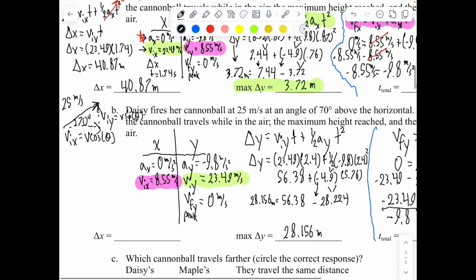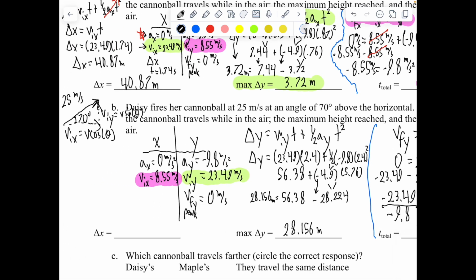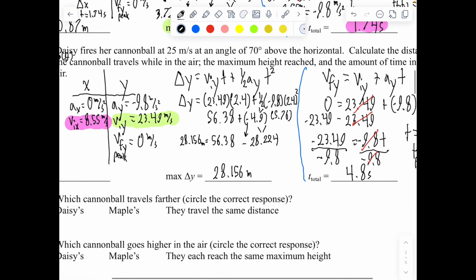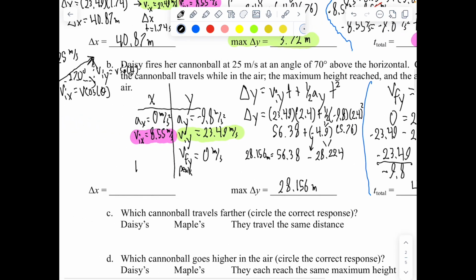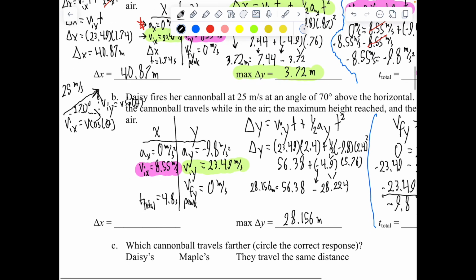Okay. Now, our last part, let's solve for that delta x. We're going to use that total time, plug it in on our x side, 4.8. And we'll use our same equation, just for our x variables. Delta x equals our initial velocity in the x times time plus 1/2 the acceleration in the x times time squared. Just like before, the acceleration is 0, so that whole term drops off.